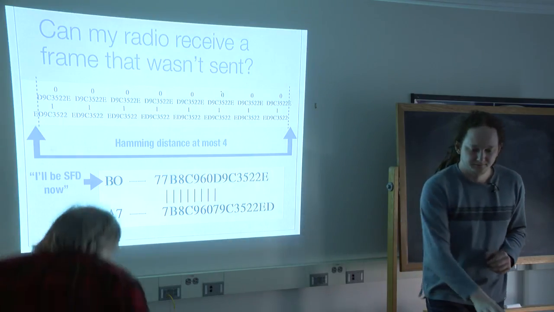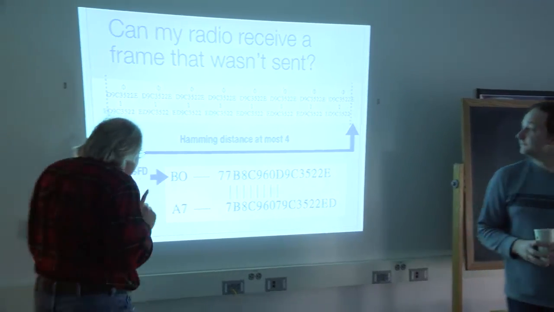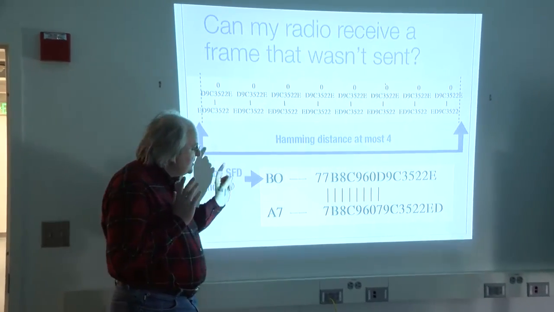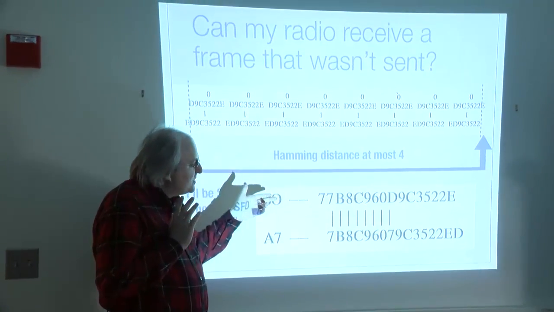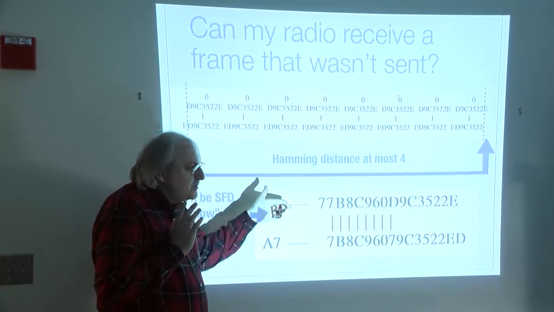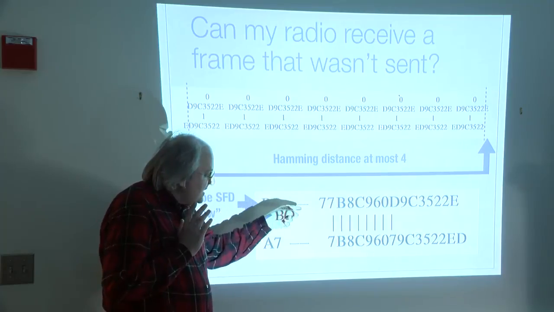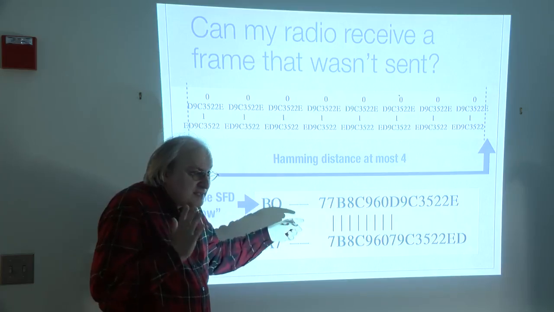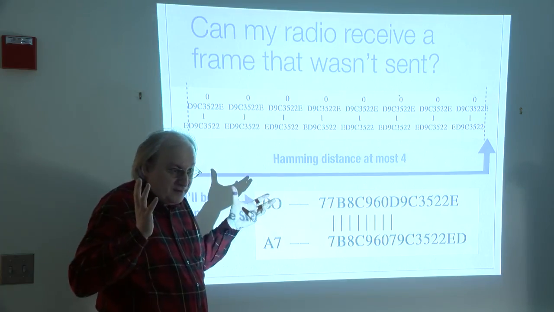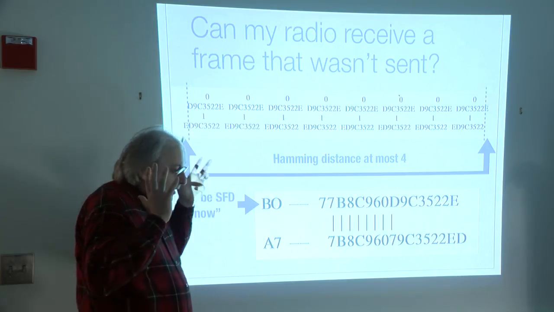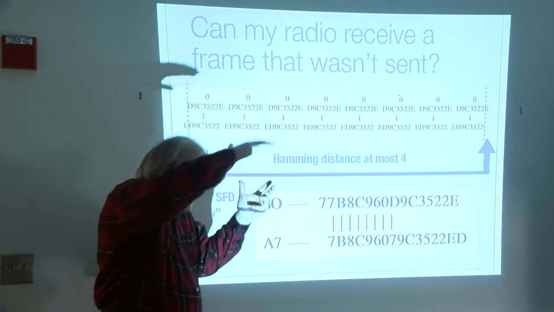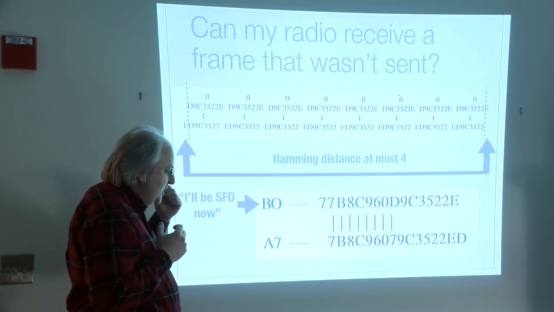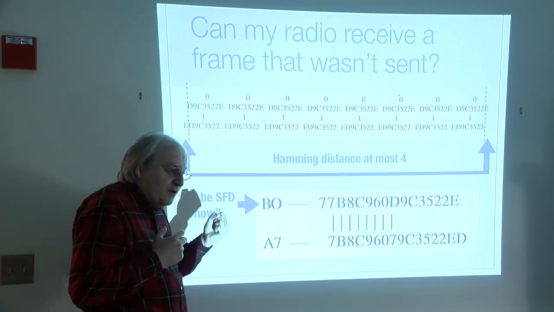So, observe. We make things easy for ourselves by writing packet contents in symbols, or more precisely, nibbles. But the boundaries between those nibbles do not exist. They're nowhere on the air. The waveform, as decoded by the ChipCon 2420 chip, consists of a stream of chips.